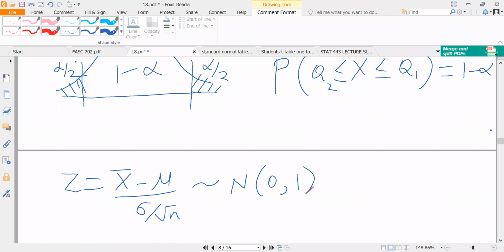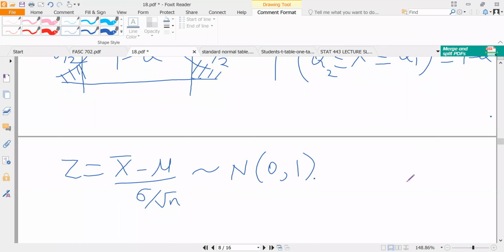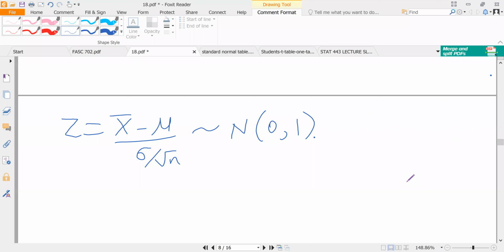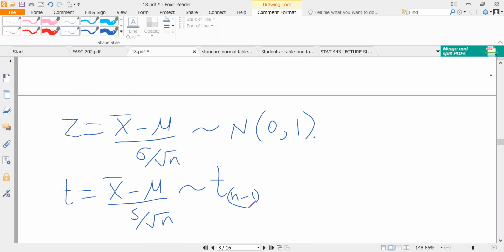That is, when you perform this operation, this random variable now has a normal distribution with mean 0 and variance 1. We also saw another test statistic T, which was equal to X bar minus mu all over S divided by root n, and we said this one has a student T distribution with n minus 1 degrees of freedom.